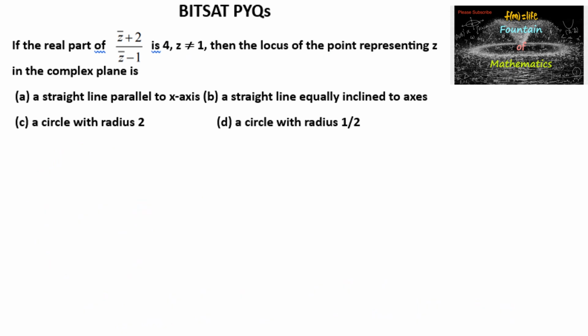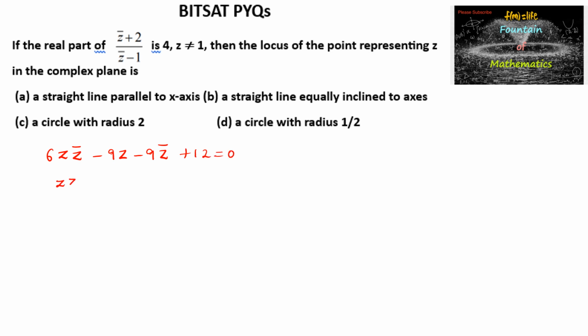Upon simplifying, we get 6 times z z bar minus 9 times z minus 9 times z bar plus 12 is equal to 0.